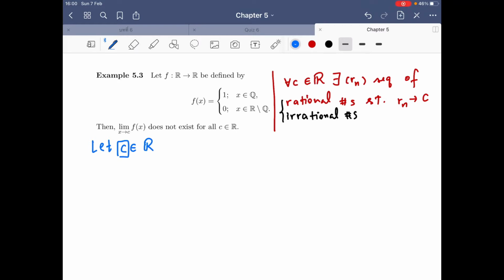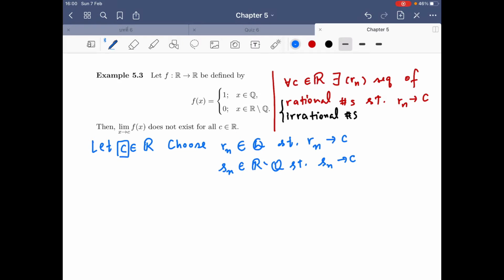All right, so let us choose one sequence Rn which is all rational, such that this rational sequence goes to c, and choose another Sn which is all irrational, such that all these irrational numbers go to c as well.